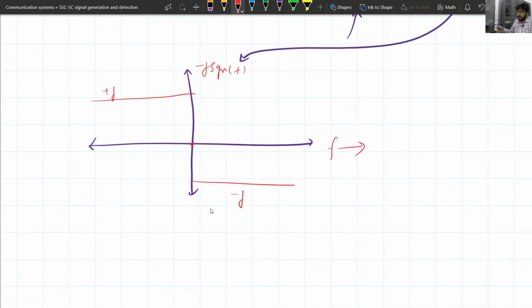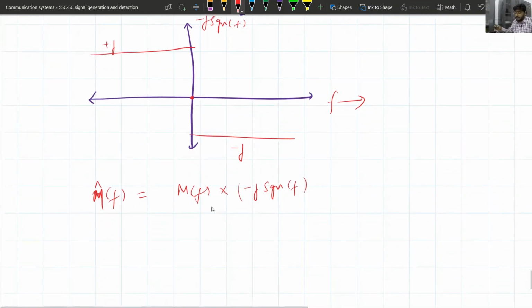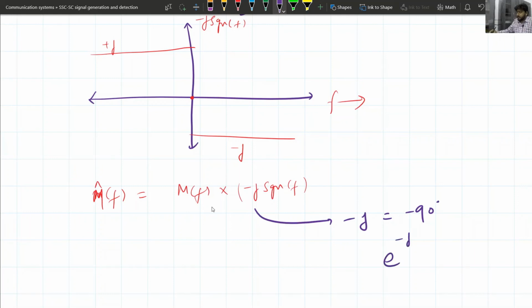What is this graph doing? This term is minus j, that means minus 90 degrees, e to the power j minus pi by 2.